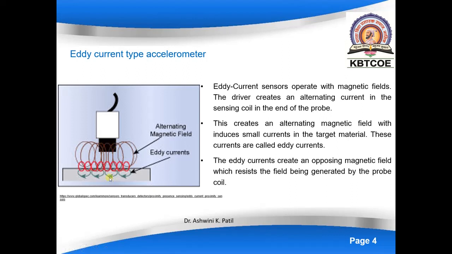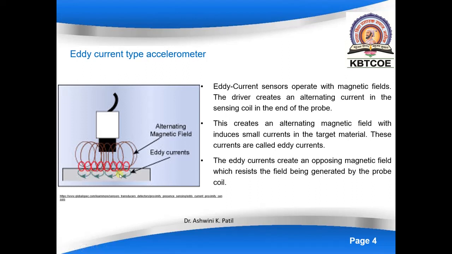Now, eddy current sensors operate with magnetic fields. The driver circuit is there in the probe itself. It creates an alternating current in the sensing coil which is placed at this end of this probe. It creates an alternating magnetic field, and due to that magnetic field, these small currents, which are called eddy currents, are induced in this metallic object.